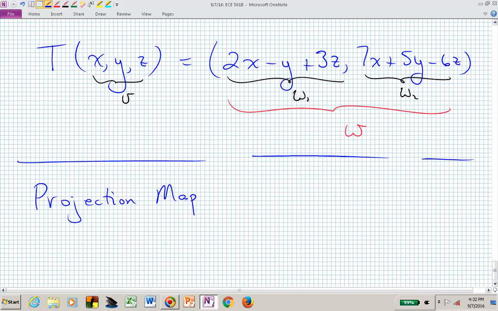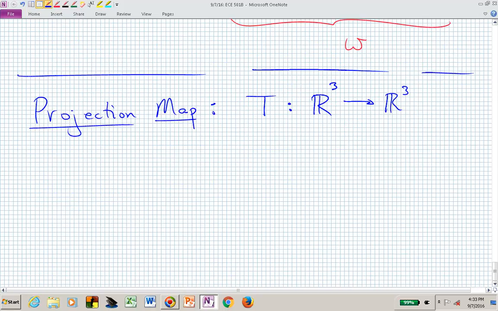We could also talk about a projection map. By that, you might think of, oh, I now have some point in 3-dimensional space, and I'm going to project that onto a plane in the same 3-dimensional space, but now it's on a plane.